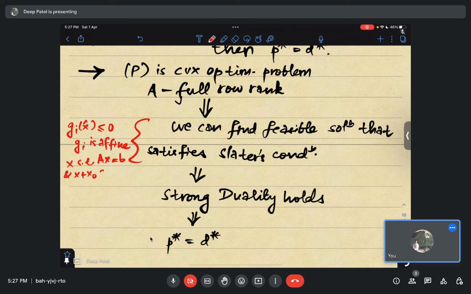x plus x naught, where A x naught is 0, also has A x hat minus b equals A(x plus x naught) minus b, with x naught being the null space vector.